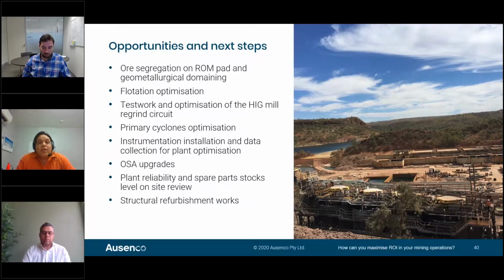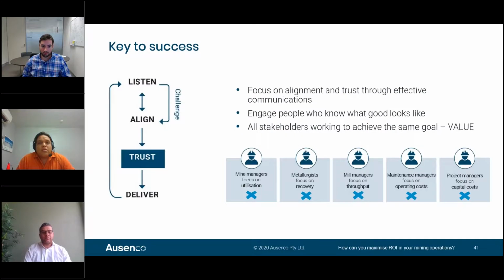I'd like to wrap up this presentation with talking about elements or keys to success. Most of you would be familiar with the flow chart on the left-hand side, which has been presented in our past webinars.